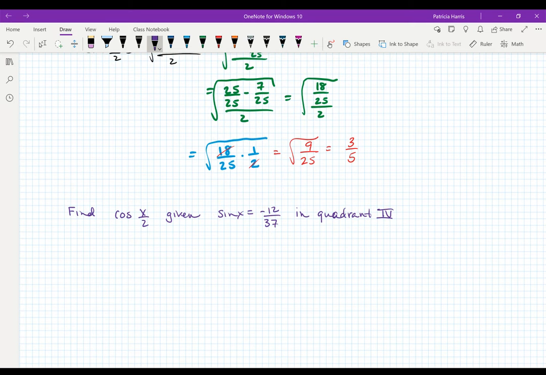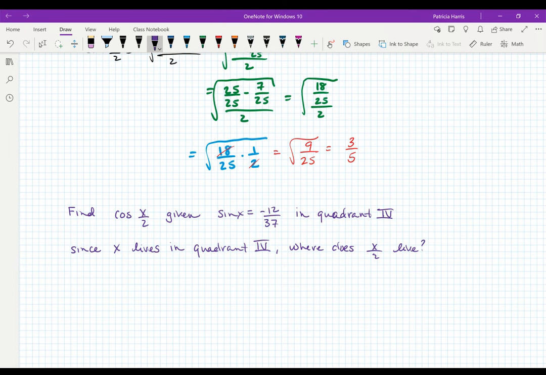Okay, so since x lives in quadrant 4, the question is, where does x over 2 live? Okay, if you start out in quadrant 1, everything's easy. But if you're in another quadrant, you kind of have to do some figuring.